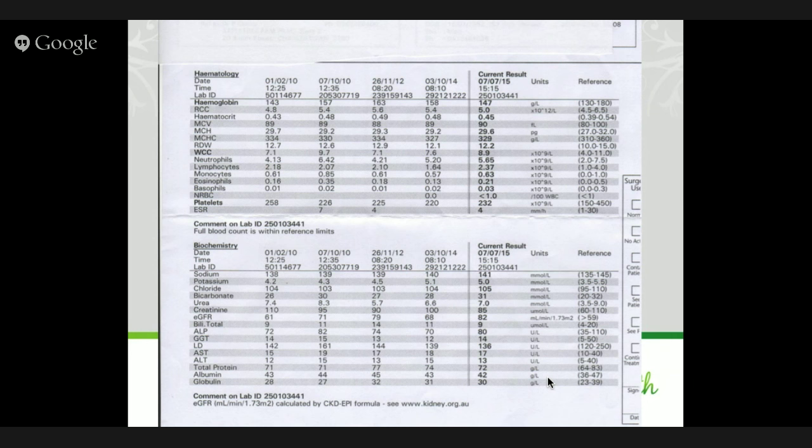AST and ALT are byproducts of protein breakdown, and so sometimes when they pop up, you're going to have a look at total protein to make sure that's okay. Albumin and bilirubin can go off by themselves, and they pertain to different types of genetic conditions.